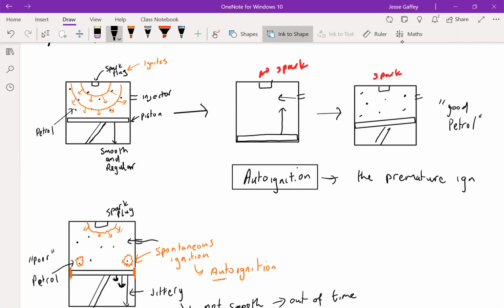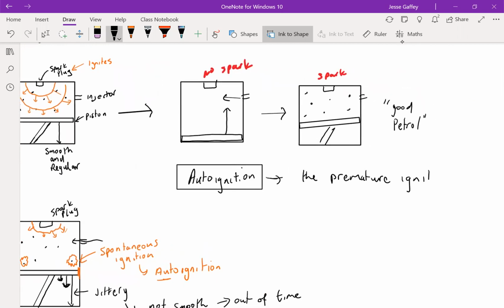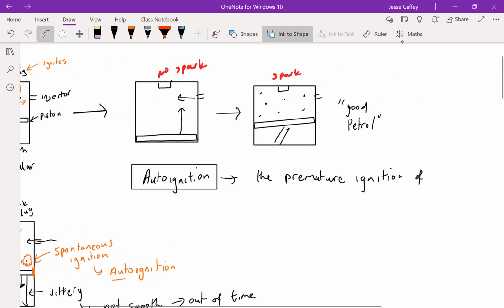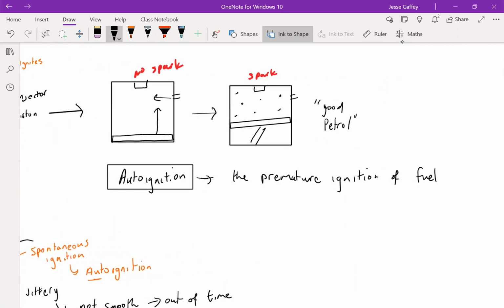ignition or combustion of fuel or fuel air mixture before a spark is produced.